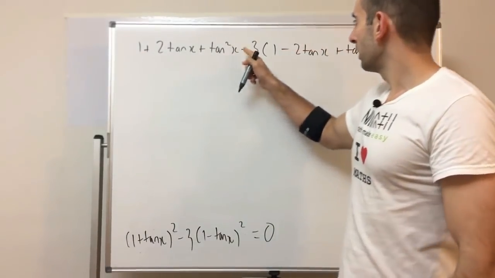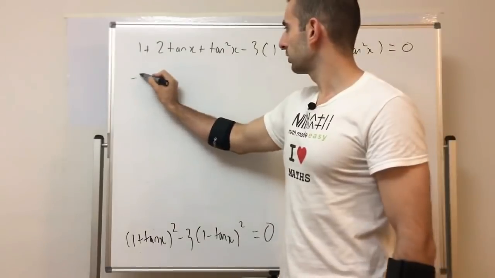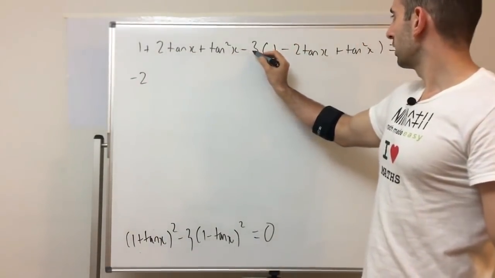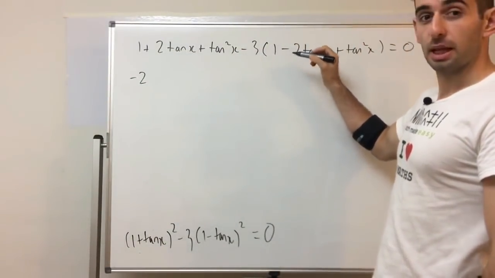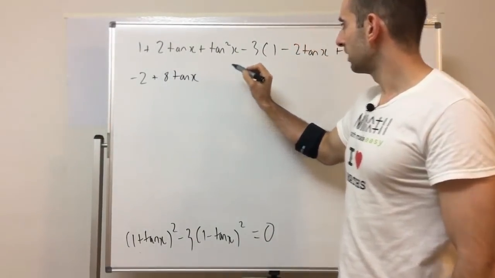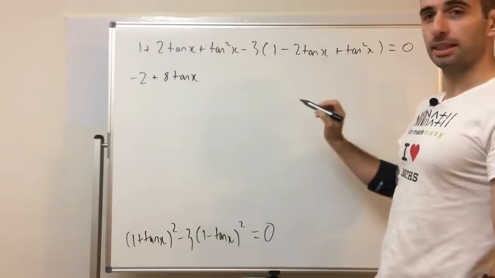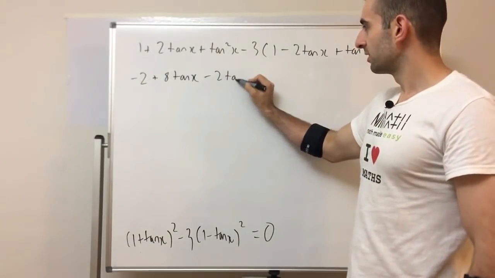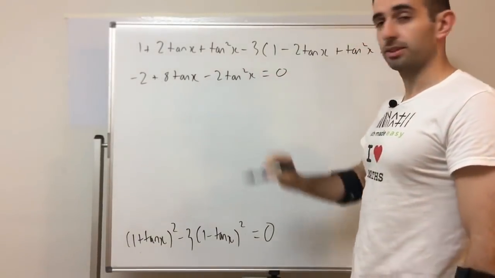I've got 1 minus 3 times 1, that's minus 2. 2 tan x minus 3 times minus 2 tan x, that's plus 6, that's plus 8 tan x. Tan squared x minus 3 tan squared x, that's minus 2 tan squared x equals 0.